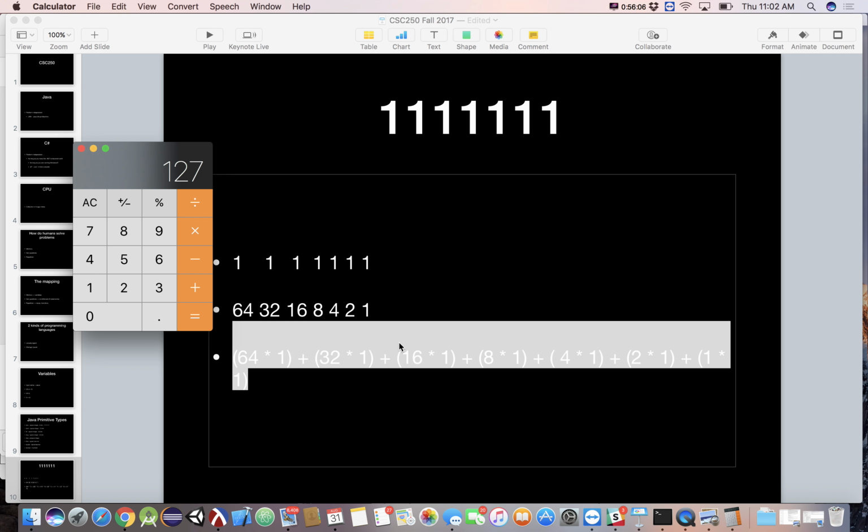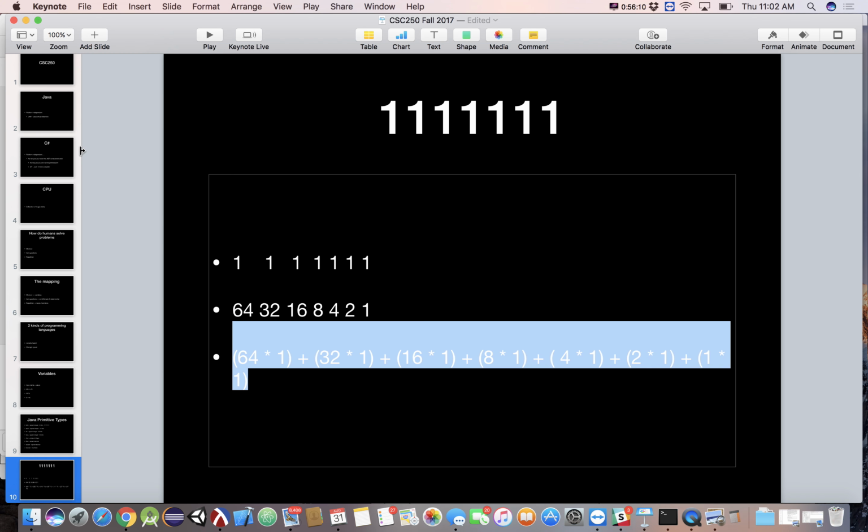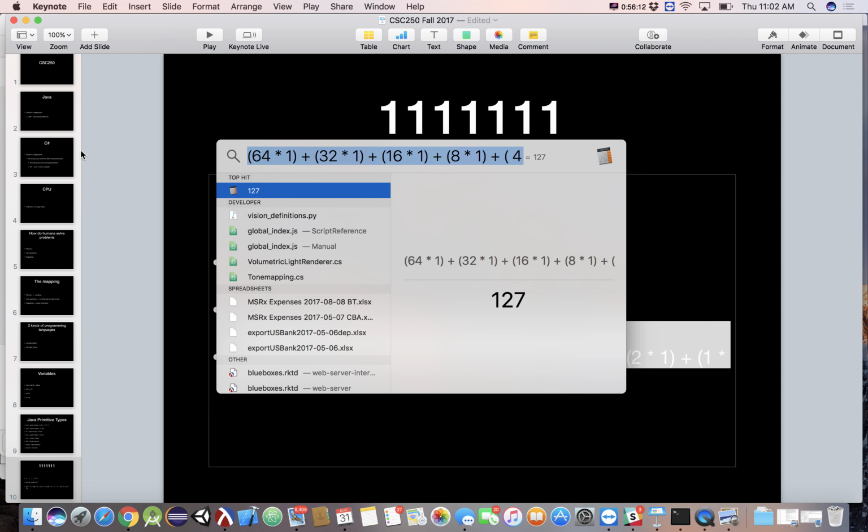So we add all that together, we get 127. So the largest number I can represent in a byte is positive 127, because I only have 7 bits to work with for representing my number.